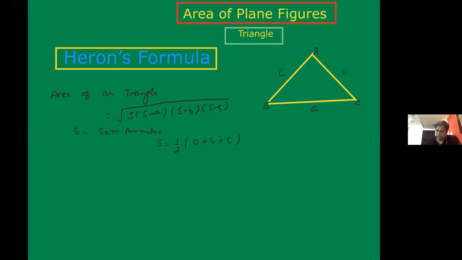This is Heron's formula, where we can find the area of any triangle.